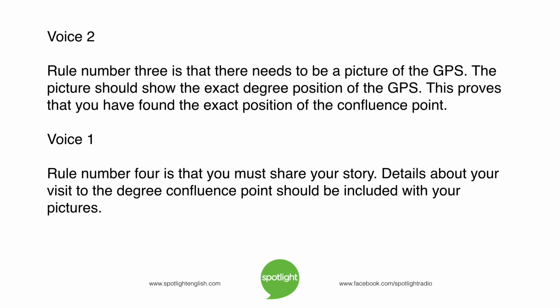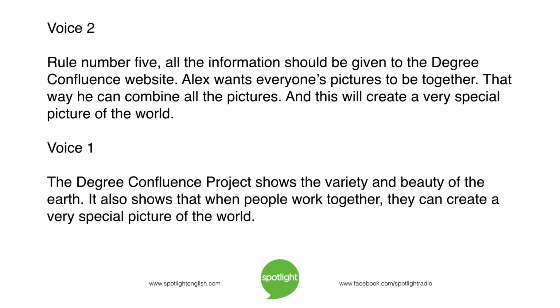Details about your visit to the degree confluence point should be included with your pictures. Rule number 5. All the information should be given to the Degree Confluence website. Alex wants everyone's pictures to be together. That way he can combine all the pictures, and this will create a very special picture of the world.